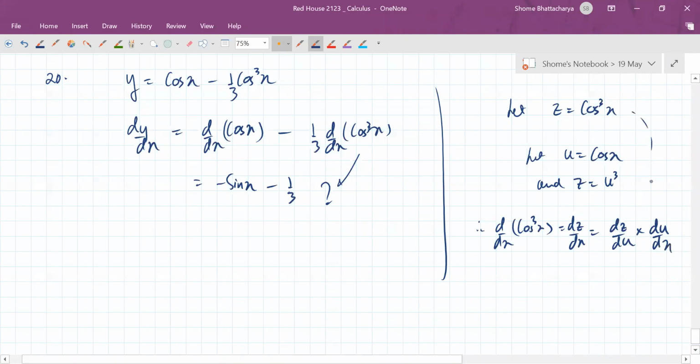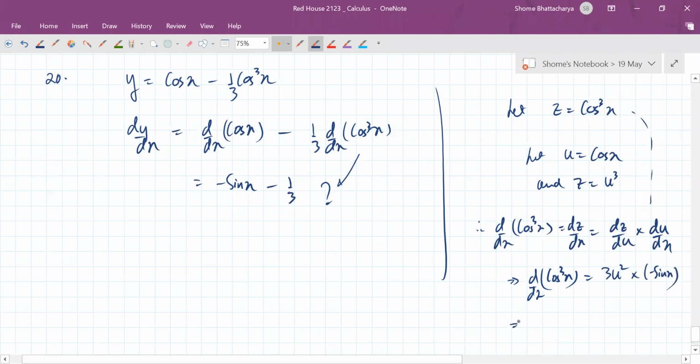So to differentiate this, we are using the chain rule method. So dz by du will become 3u square into du by dx, which will become minus sin x.